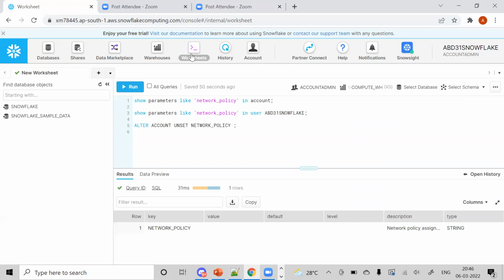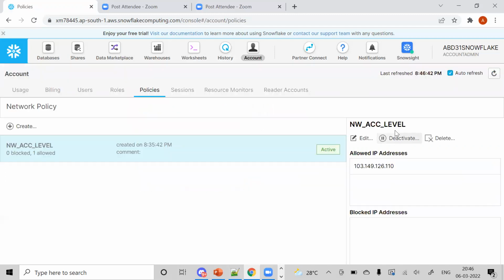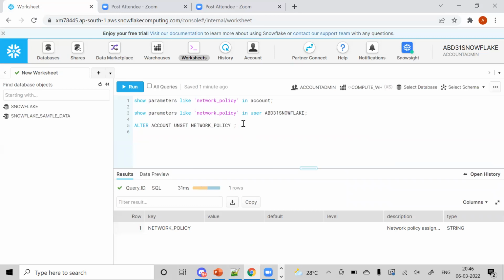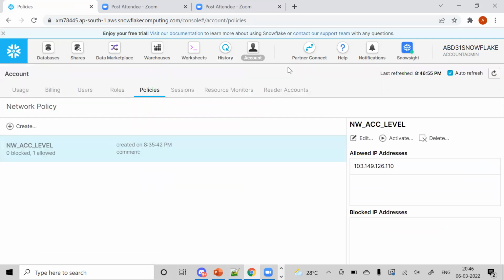Yes, sir. Right, now I will make it deactivated. See here, the deactivate button is enabled, which means it's active. Here also the status you can see it is active. If I go and unset the network policy at the account level, and if I go to the account, see, it's no more active, it's deactivated. Now it will allow you to log out.